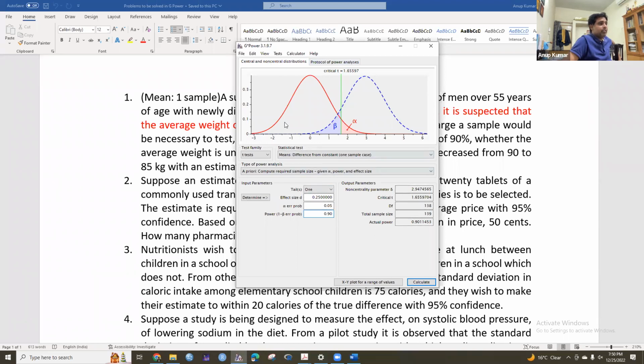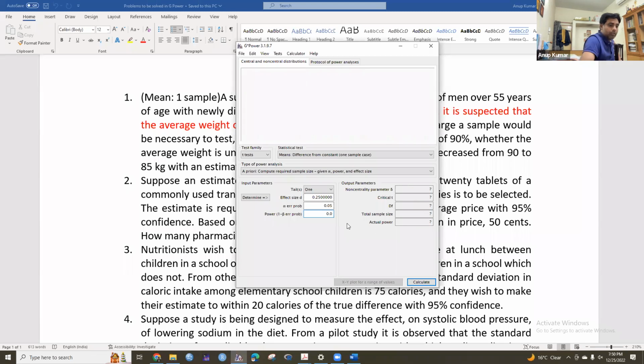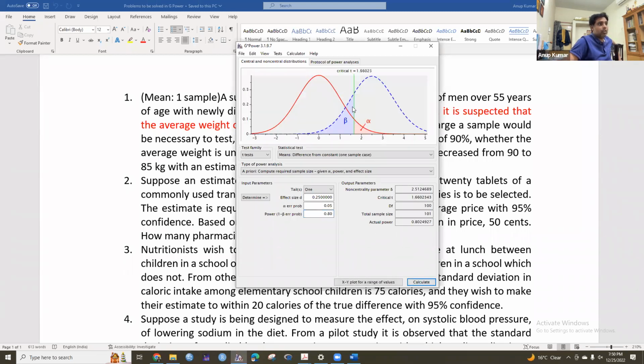Under the null hypothesis, this alpha is the error which you are putting in, 0.05, and beta, the type 2 error, corresponds to power 90. If you increase it to 80%, you can see this area is being increased a bit more, and this alpha is still 5% only.